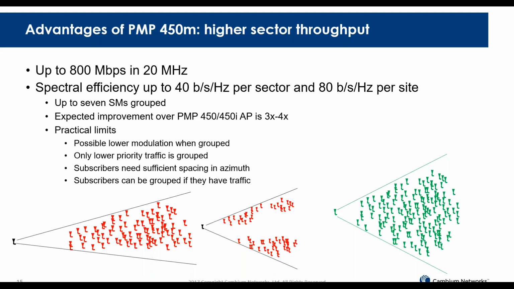If the traffic is so little that the subscribers generate traffic not at the same time, there is never going to be traffic to group, and the capacity of the access point is the same as a traditional 2x2 access point. But once you start having a lot of traffic, now the queues become more full and you have more opportunities to group. That's when the MU-MIMO functionality kicks in, and when the 450M access point will show the benefits of the higher throughput.